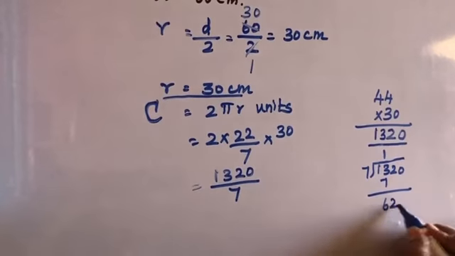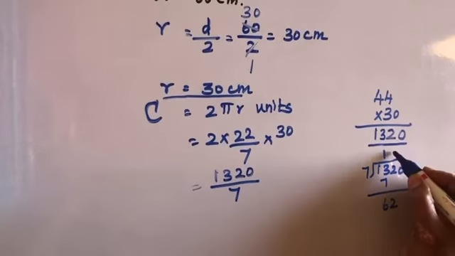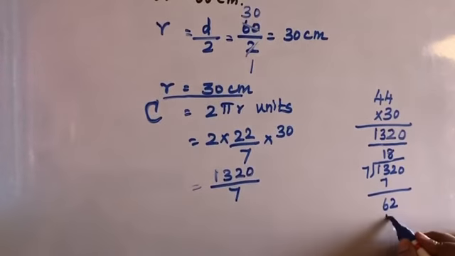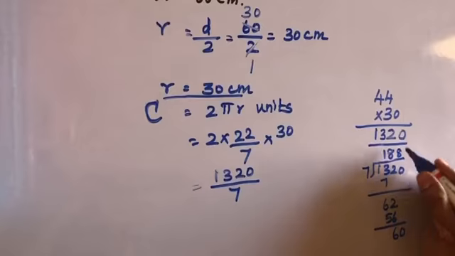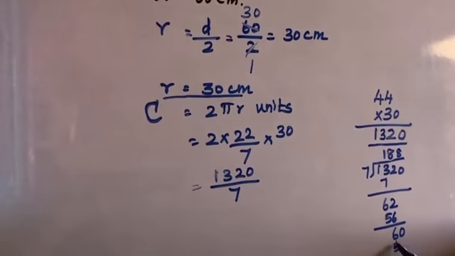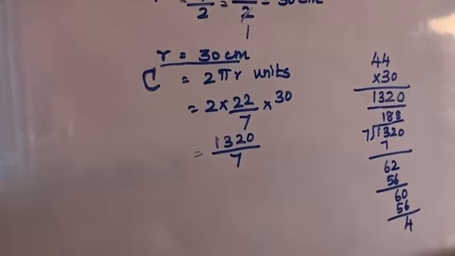Bring down 2. So how many times is it? 7 7s are 49, 8 7s are 56 and the remaining is 6 again, 0. 8 7s are 56, okay. So remaining 4. It will move on like this.